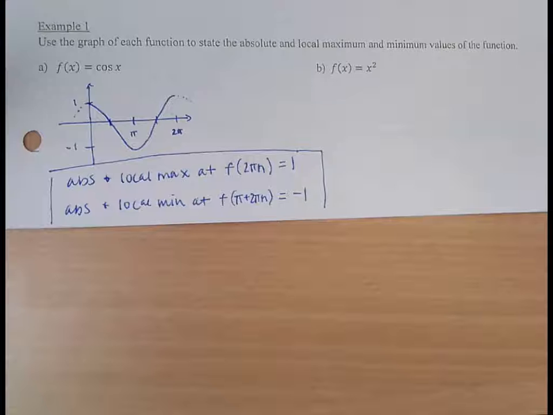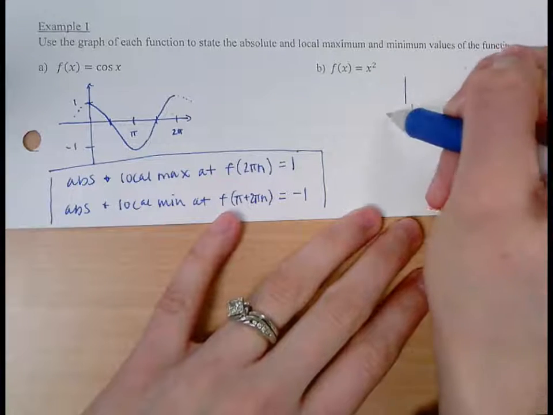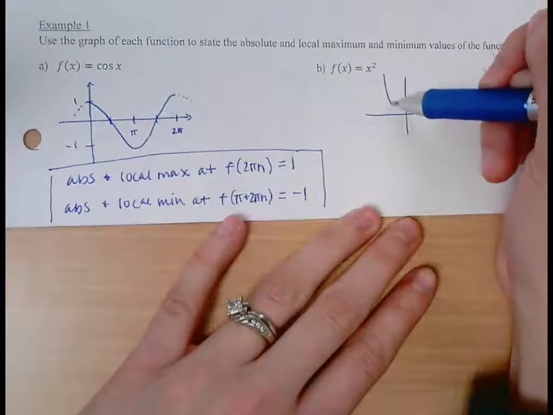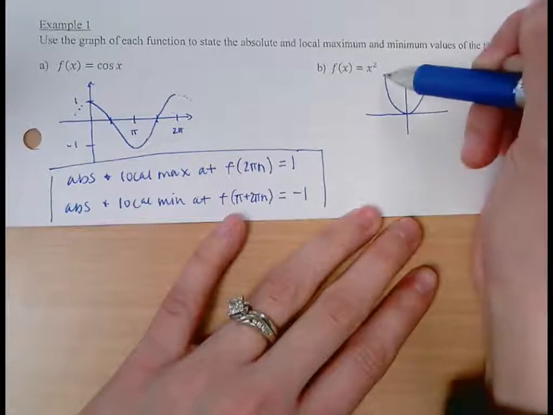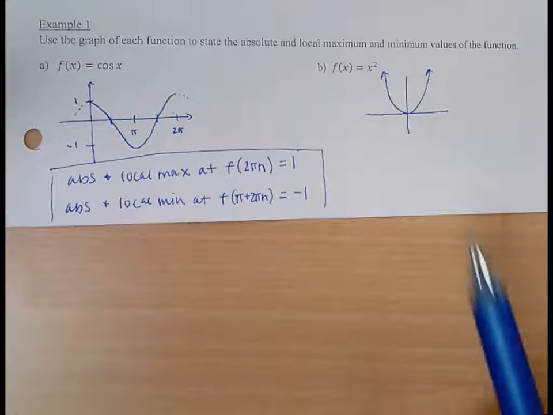So then for b, we have f of x equals x squared. Sketch what this looks like. So it's a parabola. Vertex is at 0, 0.